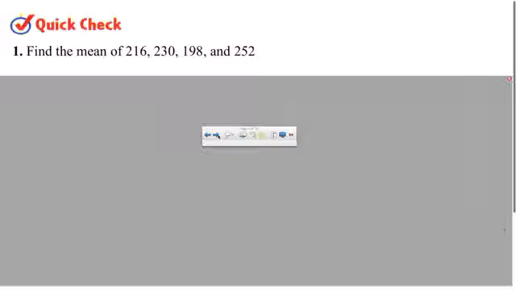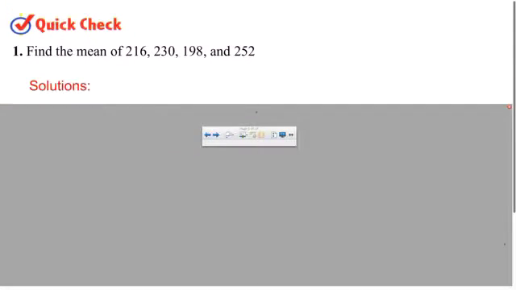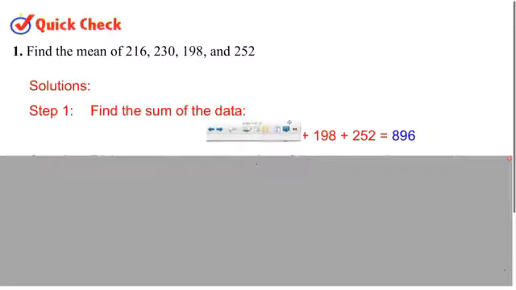Okay, who wants to share their results? Mr. Harrington. First, I added. Mm-hmm. What'd you get? 896. Very good. Then the next step. Then I divide by the total data values, okay, or data elements.